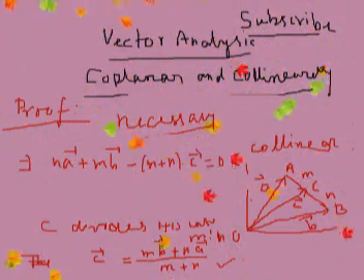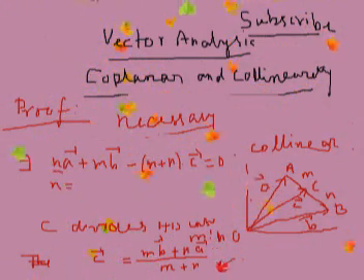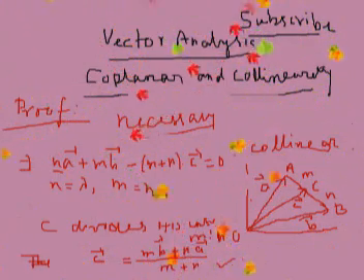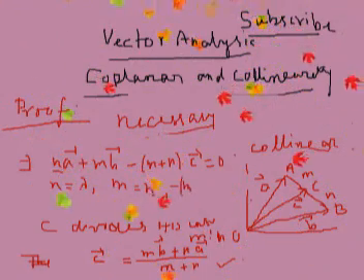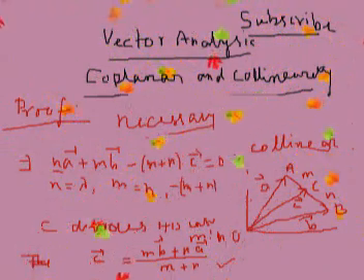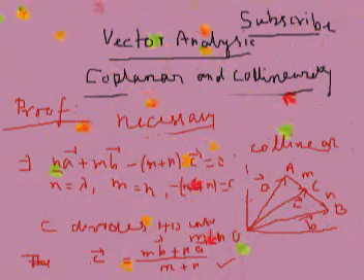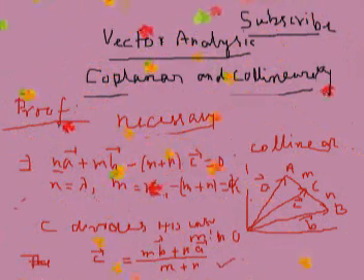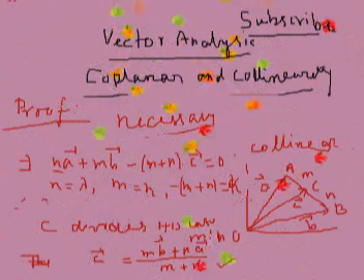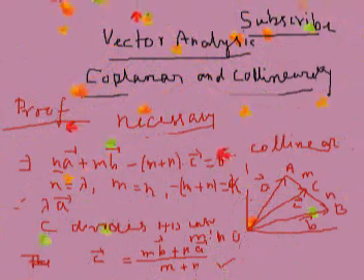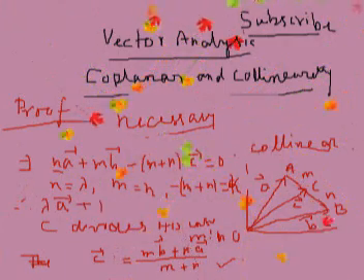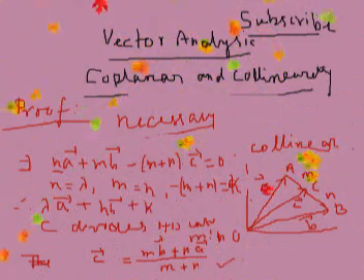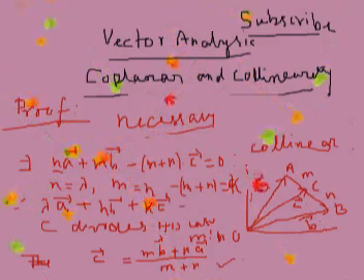If we put N equal to lambda, M equal to eta, and minus M plus N equal to kappa, then we have the required condition that it can be represented in this way. The three vectors: lambda A vector plus eta B vector plus kappa C vector is equal to 0.